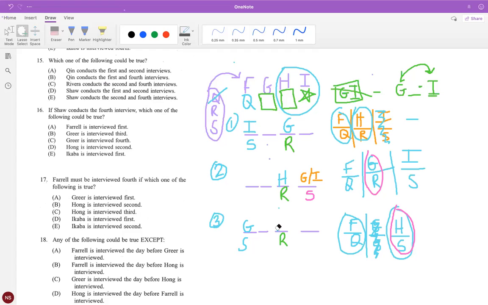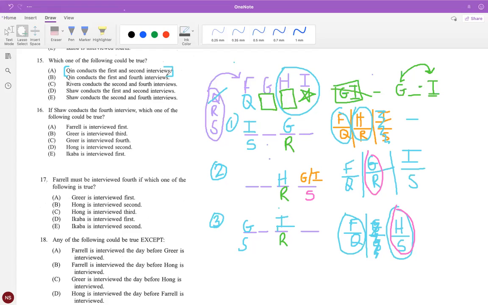Do we ever have Q interviewing? Hold on one second. Let me just draw this for you. So we had this one. We put G, H. We put I here, and if I is here, that's how we knew G was first, and G would have to be with S. Okay. This question is saying that Q interviews two people, right? Do we ever have Q interviewing two people? No. Why not?